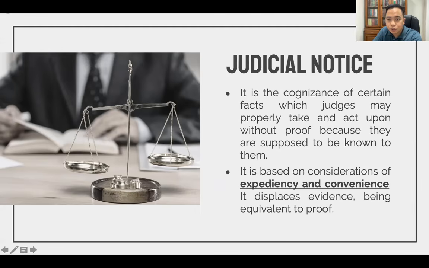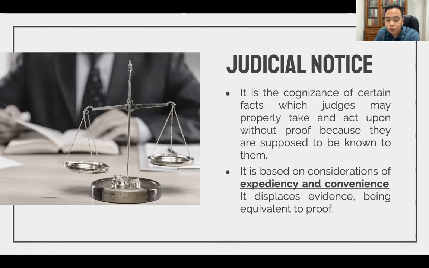So what is a judicial notice? Judicial notice is the cognizance of certain facts which judges may properly take and act upon without proof because they are supposed to be known to them. It is based on considerations of expediency and convenience, and it displaces evidence, being equivalent to proof.